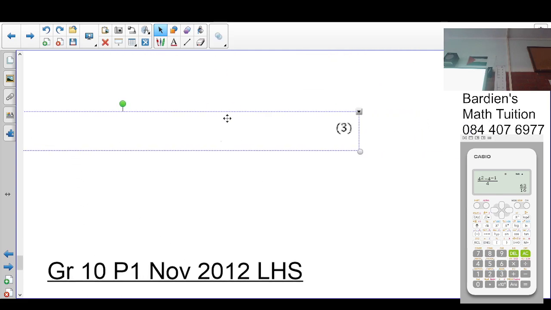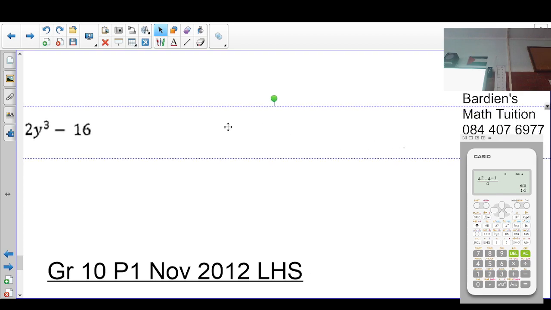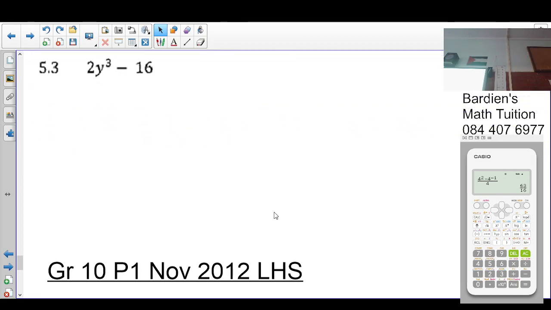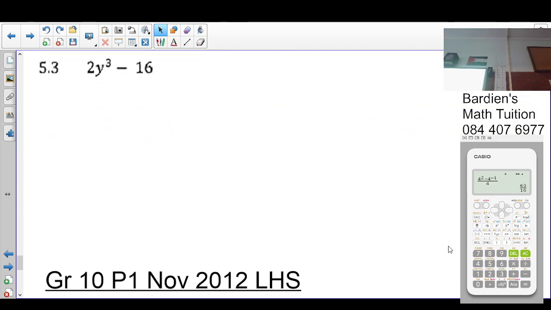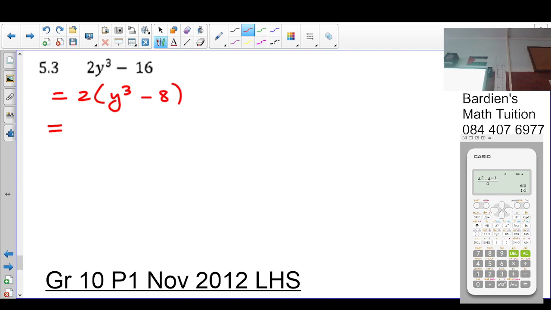The next one. This is the difference of cubes. Well, is there a common factor first? Yes. What is common? 2. I'm then left with y cubed minus 8. So we go 2 into, the cube root of y cubed is y, minus 2, the cube root of 8.